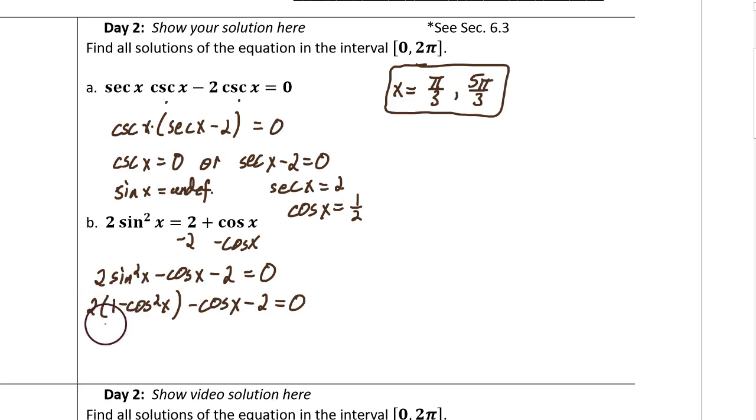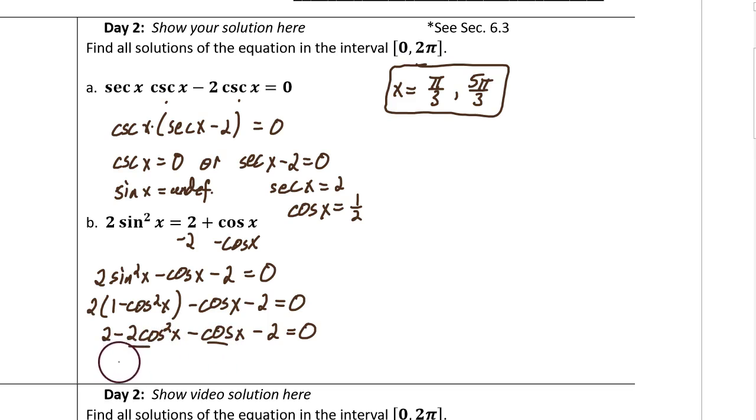Next, let's distribute the 2. Next, observe that the 2 minus the 2 cancels out, leaving just those two terms there, and that those two terms both have a cosine x in them.